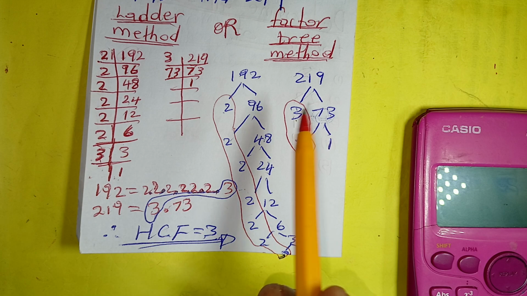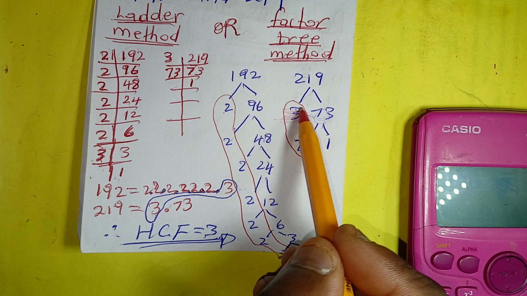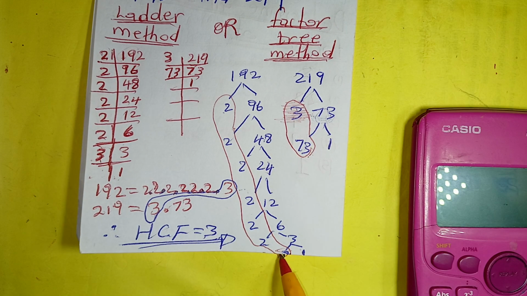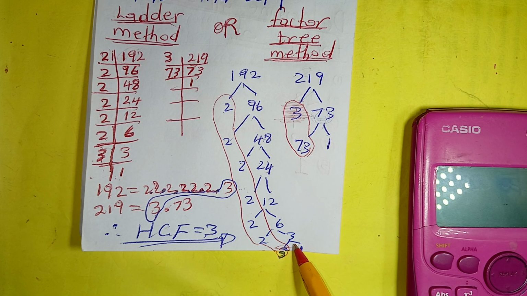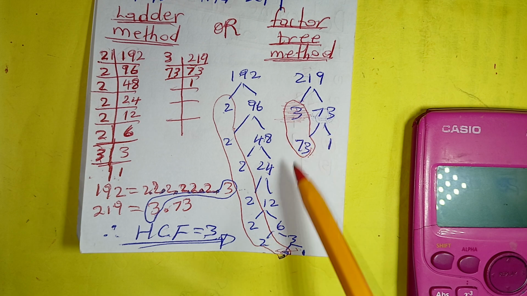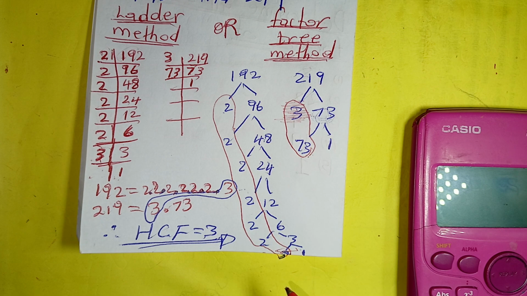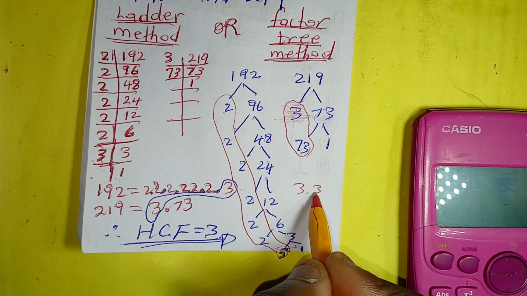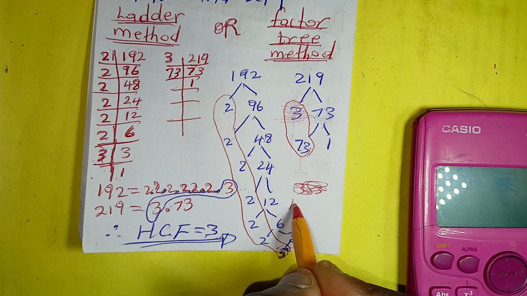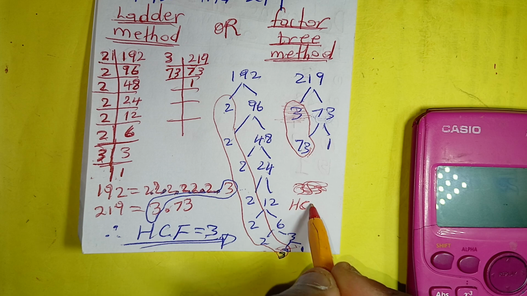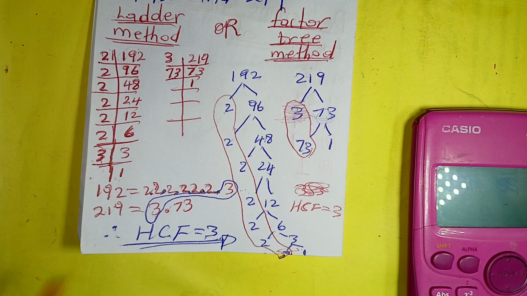The only common thing here was 3. We will count it once, we won't take it twice, like saying 3 times 3. Our common factor will be only 3 here.